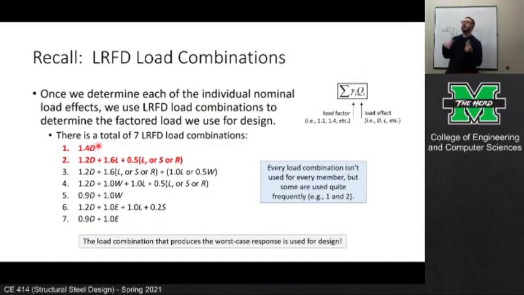And the reason why is, just by default, just about every member in a structure experiences 2 loads, a dead load and a live load. The dead load because it has to hold up its own self-weight, and the live load because all structures are designed to hold something up.